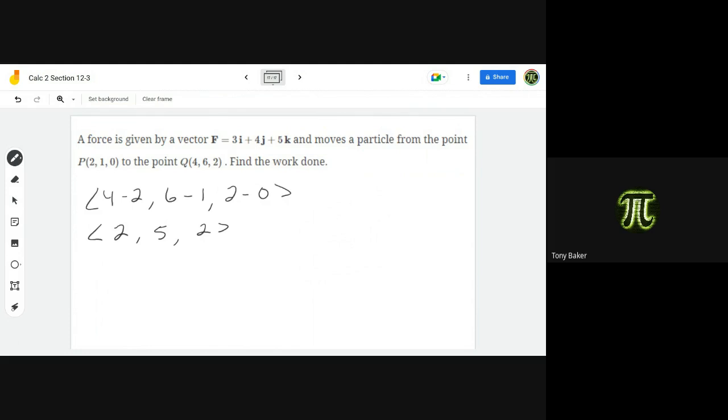So we now have our displacement vector. If I want to find my work, I just need the dot product of these two. So it's going to be 3 times 2 plus 4 times 5 plus 5 times 2.